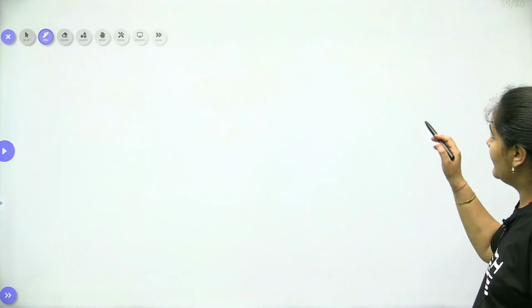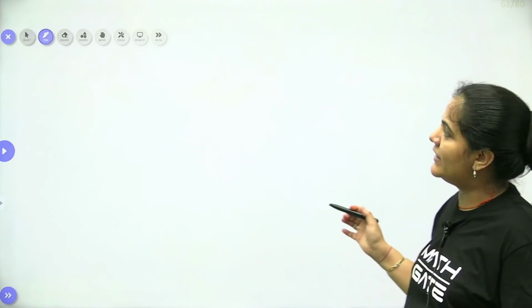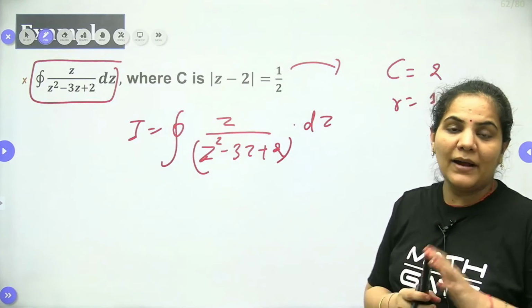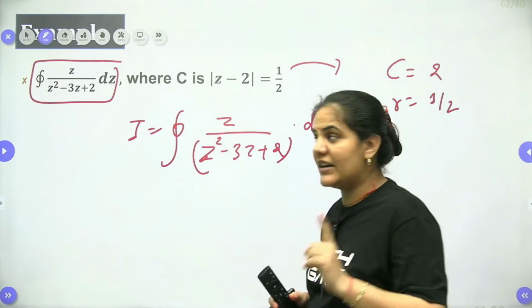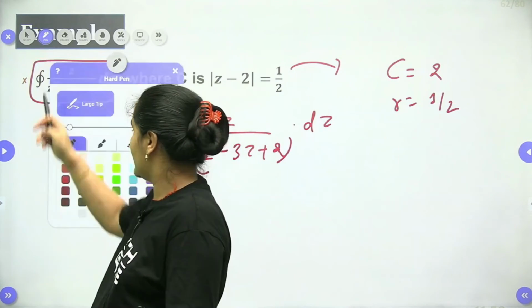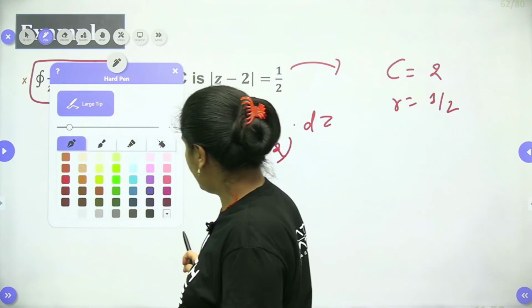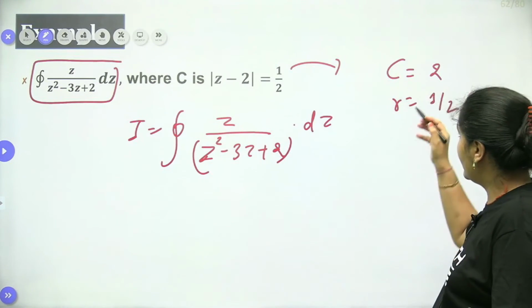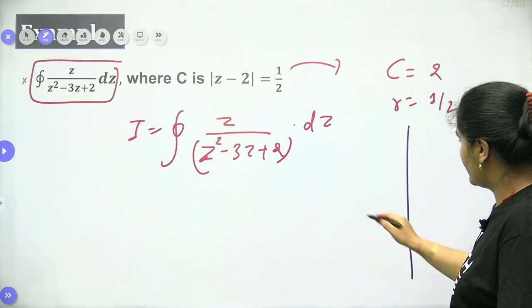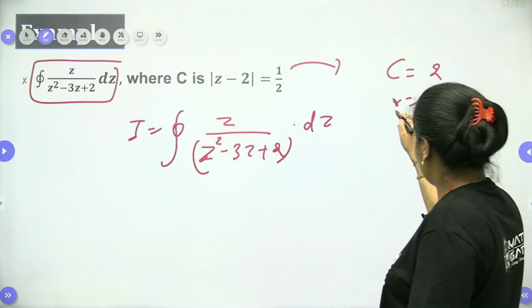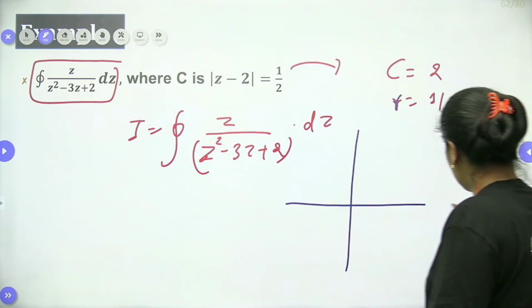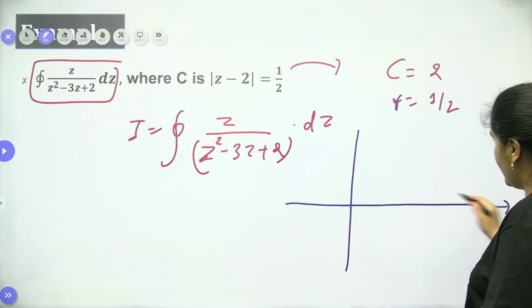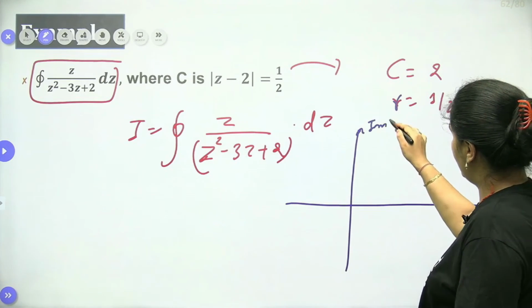So now it's not necessary to make a diagram each and every time. By seeing the radius and center only, you can find the range. If you feel comfortable with the diagram, then only make it; otherwise there is no need. Let me draw here again for you. This will be real z, this will be imaginary z.